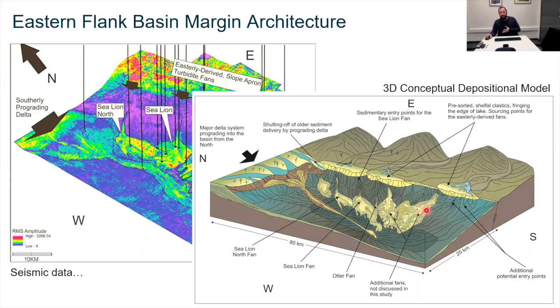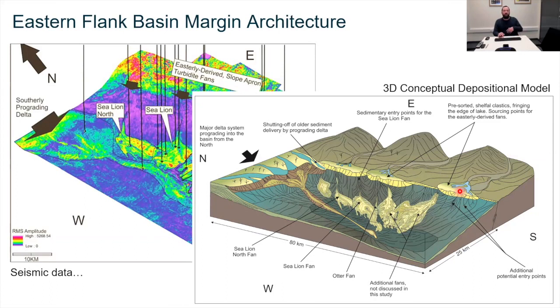Broadly speaking, we think these fans are fed from a pre-sorted shelf-wall clastic system in here, some of which may have oversteepened and failed to feed some of the systems. Others might be more linked directly to the fluvial systems draining into the basin, and certainly you see a change in fan trajectories as you move southerly and move younger through the sequence, and that might highlight a relationship between the fluvial systems, but that's for another day.